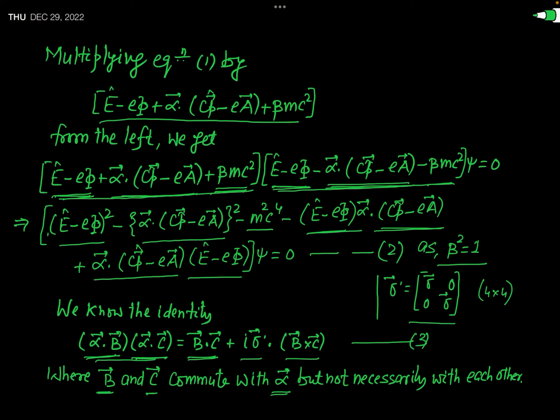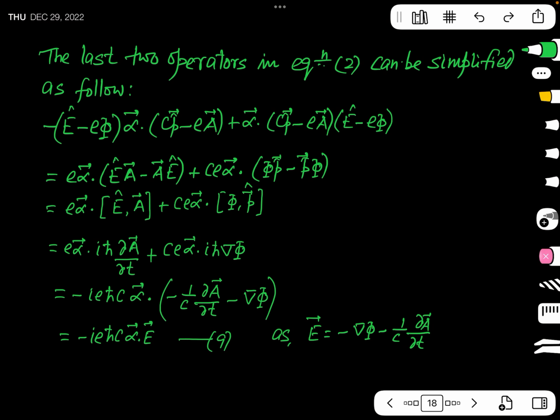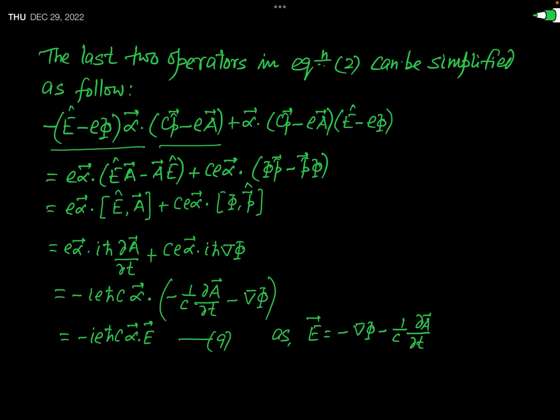This is the third operator in this equation, and plus alpha dot (Cp minus eA) times e minus e phi. Now we will simplify these last two operators. This is just a simplification, so there will be some mathematical steps. You can see the last two operators are minus e phi alpha dot (Cp minus eA) and plus alpha dot (Cp minus eA) times e minus e phi.